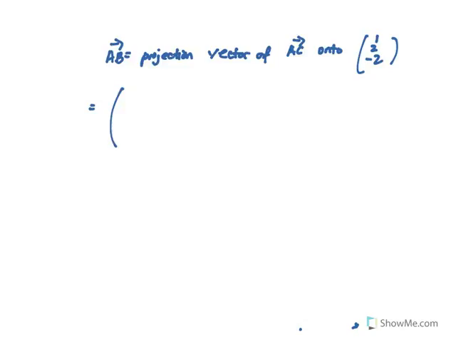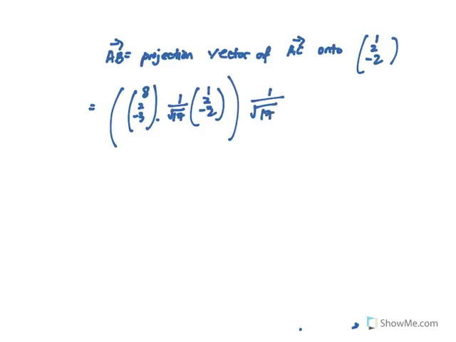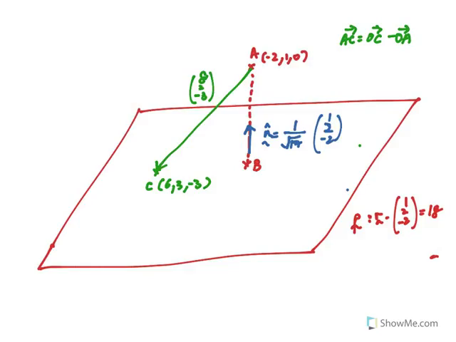Remember AC was 8, 2, negative 3, dot product with the unit vector of the normal, multiplied by the unit vector of the normal again. Oh, sorry, this shouldn't be square root 17, this should be 9. This should be 1 over the square root of 9, which is 1 squared plus 2 squared plus 2 squared, which is 1 over 3, 1, 2, negative 2.